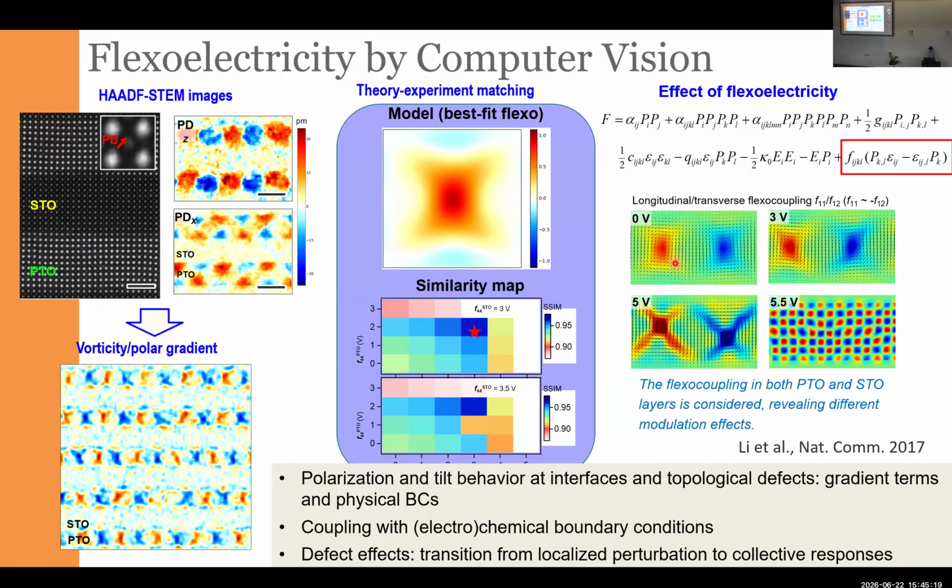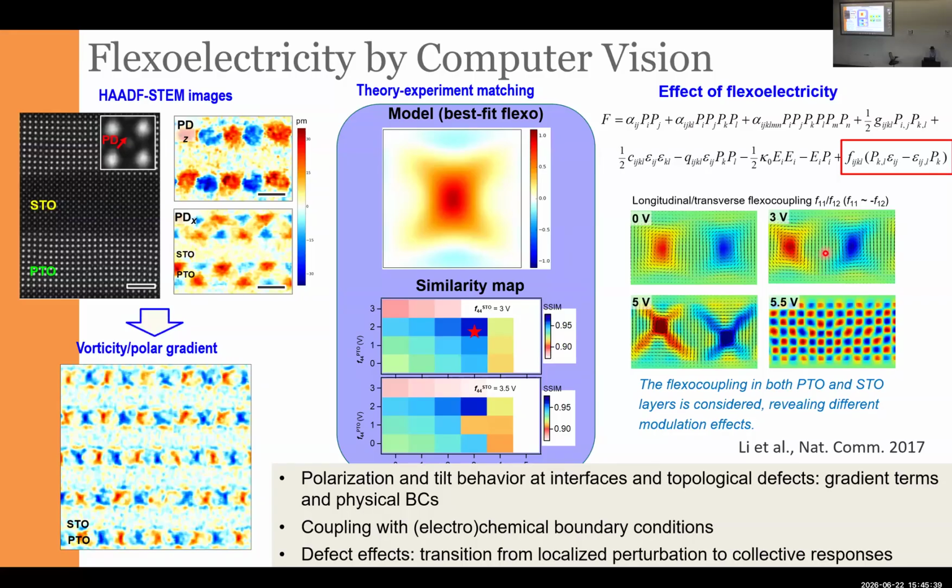If the flexoelectric effect is small, the vortex will look almost like a square. If the flexoelectric effect becomes larger, then it starts to look like a ninja throwing star. And if the flexoelectric tensor is very large, then there will be a secondary instability and the vortex falls apart into much smaller vortices.